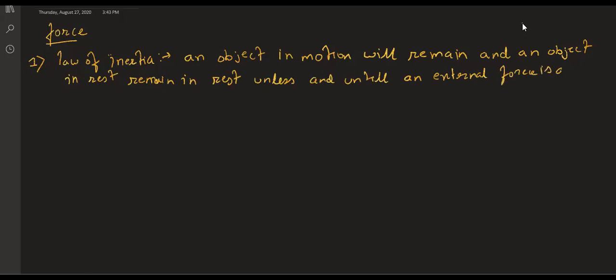This is your law of inertia. Or I can say that an object has a tendency to retain its state of motion.